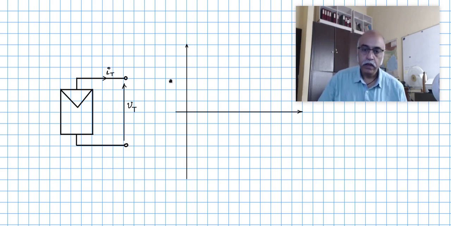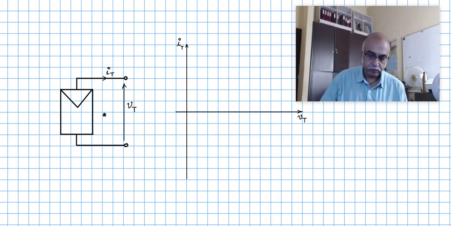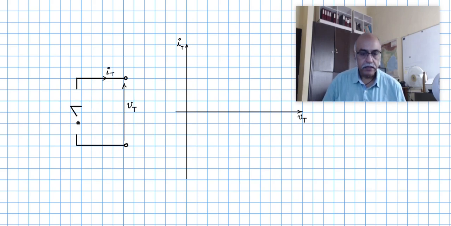Okay. So x axis is Vt, the terminal voltage, y-axis is the current It. Now the PV cell is nothing but a PN junction, just like a diode. So let us start with the diode. Let us replace this and then put in place a diode, which is a PN junction. This is the anode and the cathode.